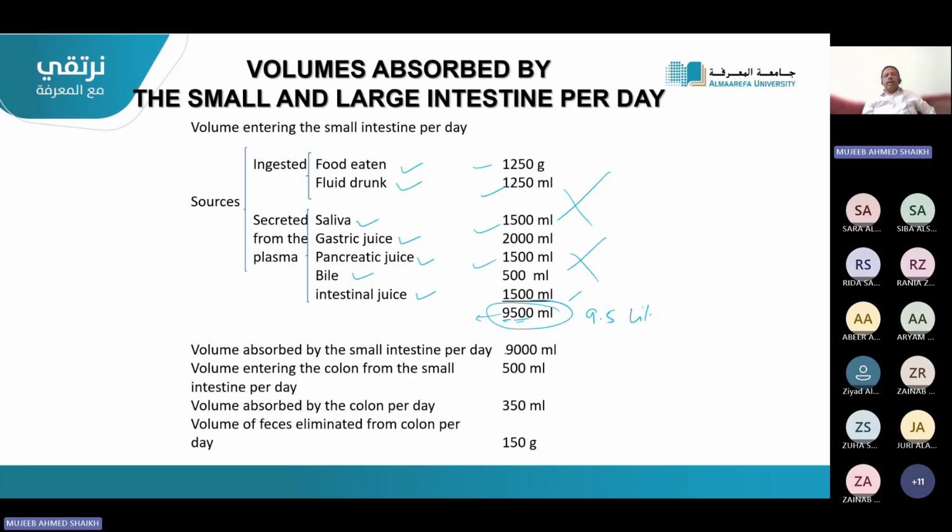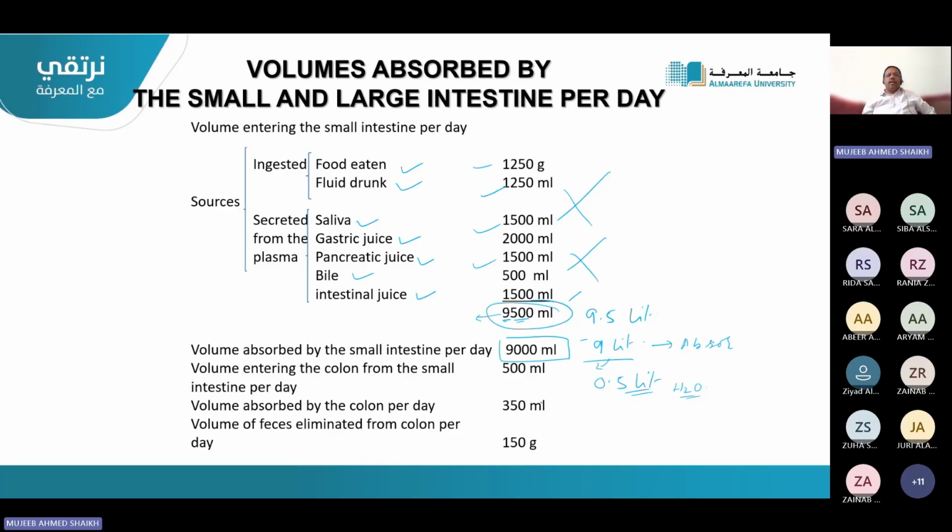The volume absorbed by the intestine is about 9 liters. So how much will go to the large intestine? 9.5 minus 9, only 0.5 liter. Only 0.5 liters of liquid or water will reach the large intestine.